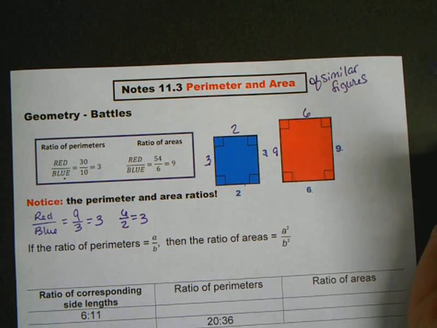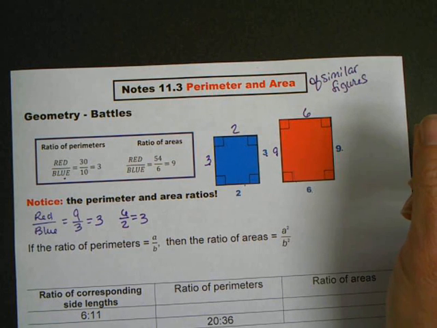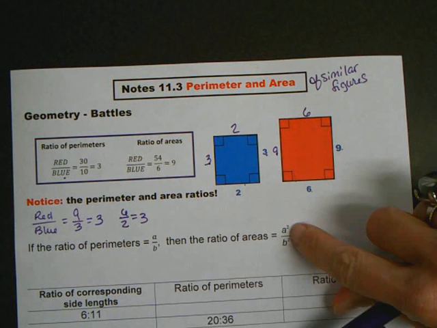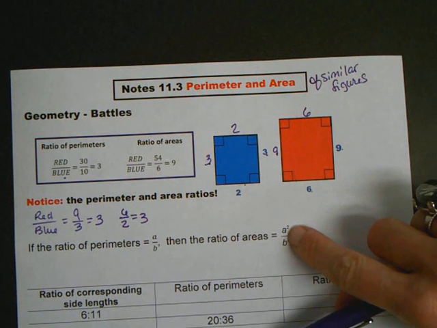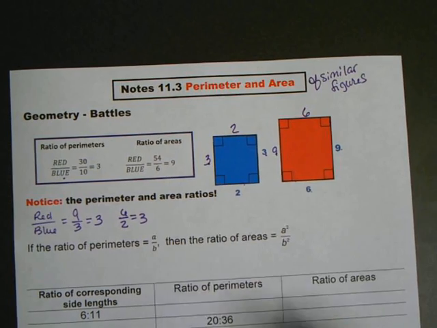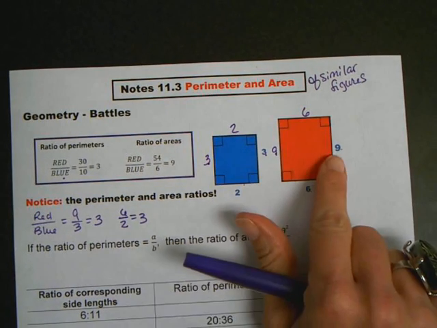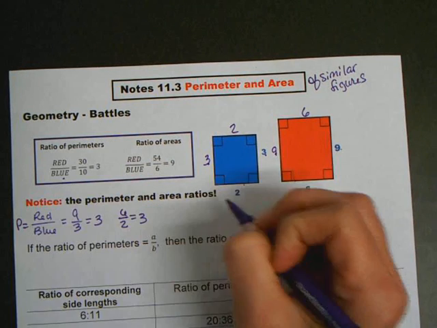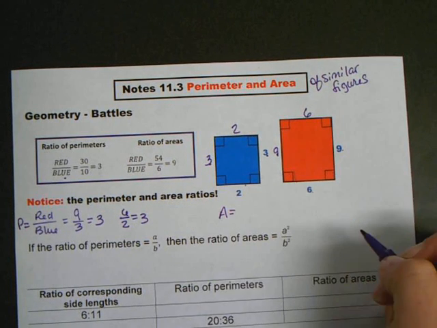Okay. Now, we said that area is two-dimensional. So another way you can write this would be like this. The side squared compared to the side squared. What that means is I am going red to blue, so we're going to continue with that. Let's note this is perimeter, and this is going to be area right here.